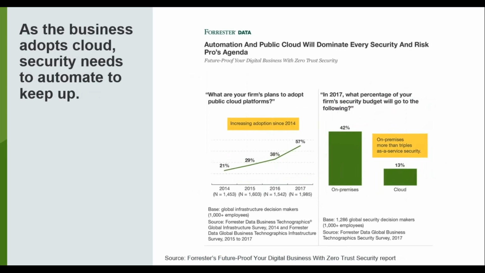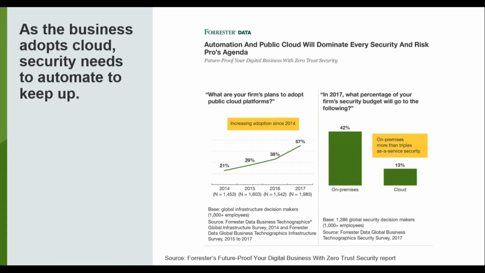My colleague Jeff Pollard did a report a couple of years ago talking about future-proofing your digital business with zero trust security. What he did was look at enterprises' propensity to adopt cloud environments, right? You can see that on the graph on the left. We saw this really accelerated adoption rate for cloud environments. And you look over to the right and ask, where is security placing their bets?